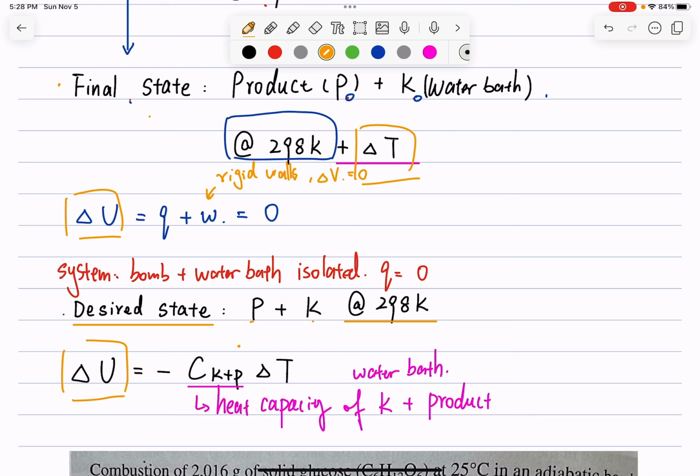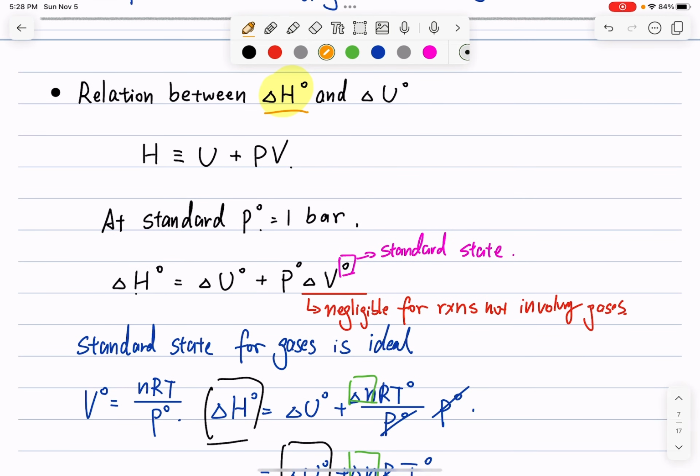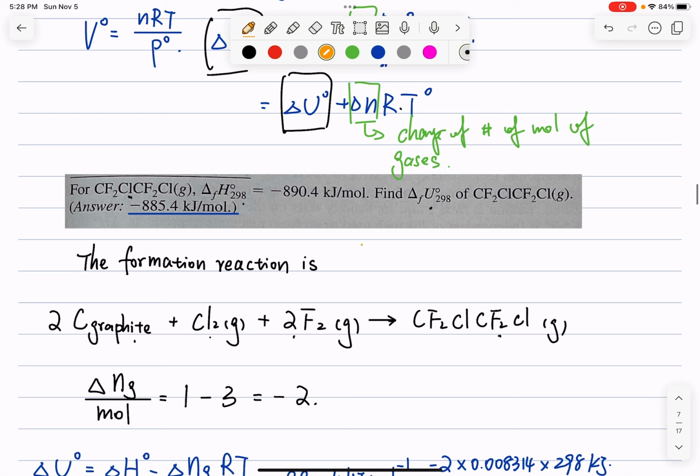We went over one example together. And we also went over how to do the conversion between your standard enthalpy of formation or reaction and the standard internal energy of the reaction or formation. And we went over one example here together.